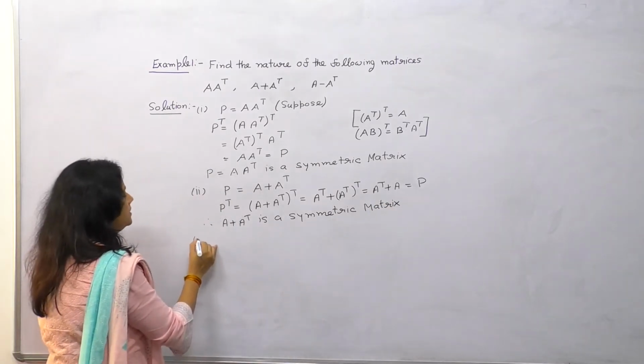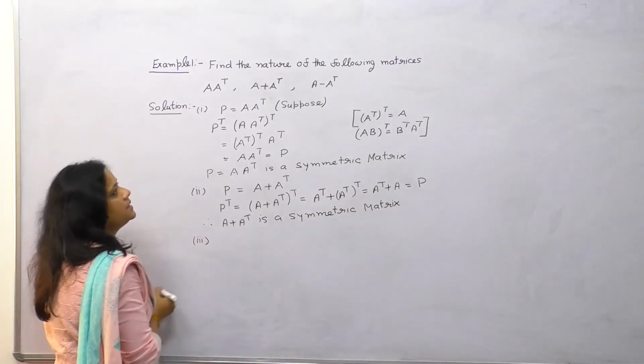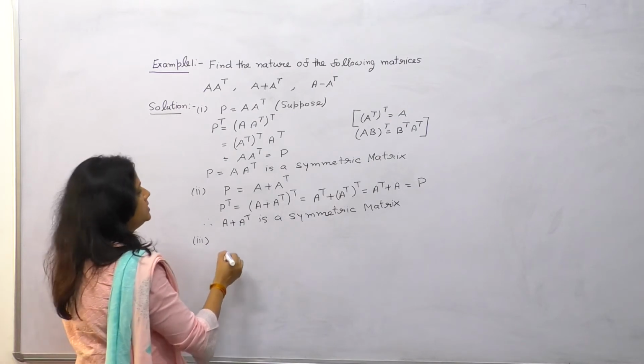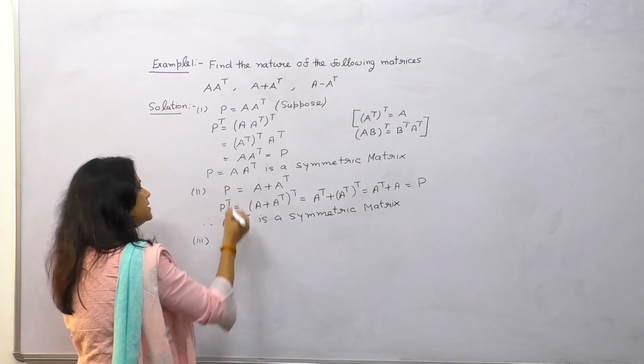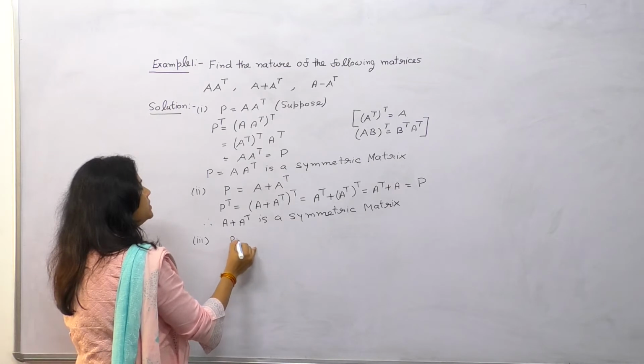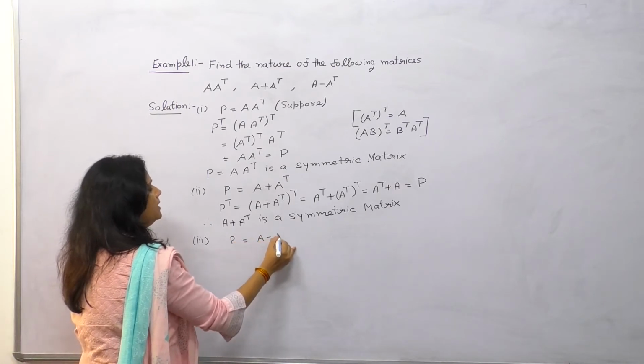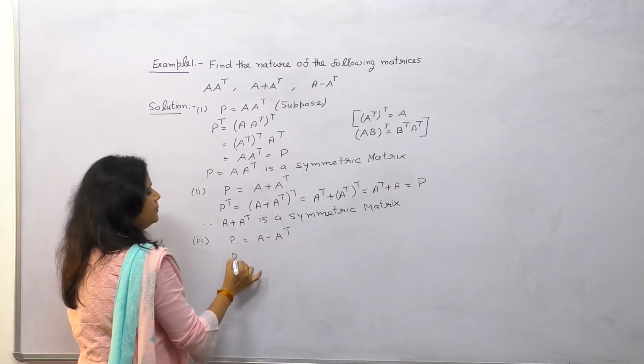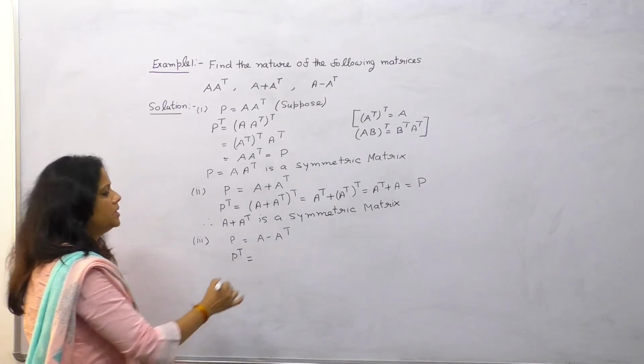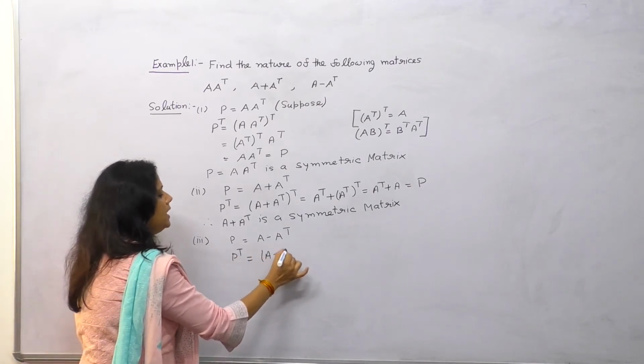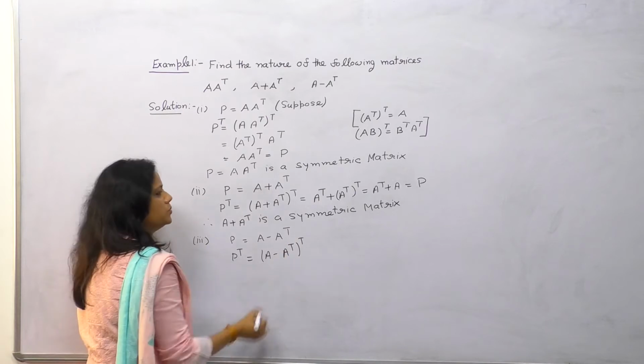Next, third is A minus A transpose. In a similar manner, let us suppose P is equal to A minus A transpose. P transpose is equal to A minus A transpose, transpose.